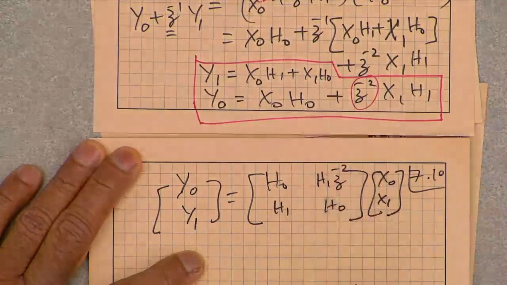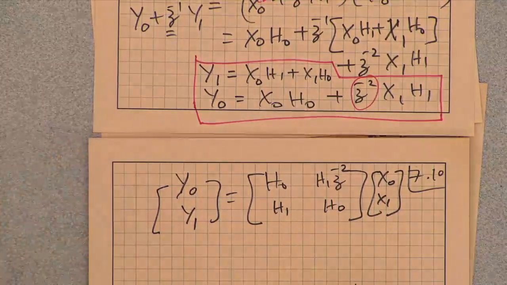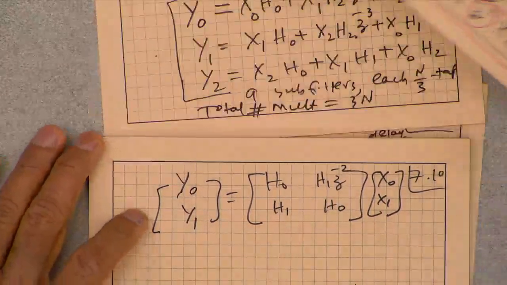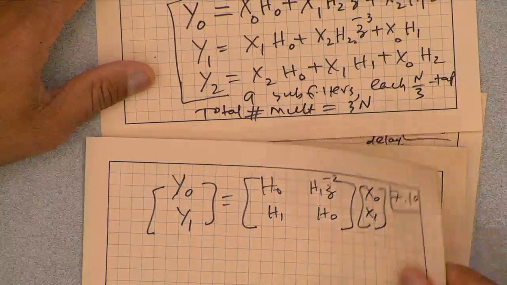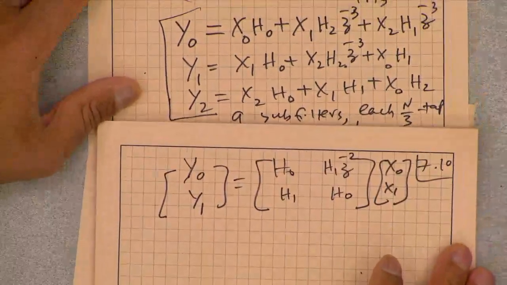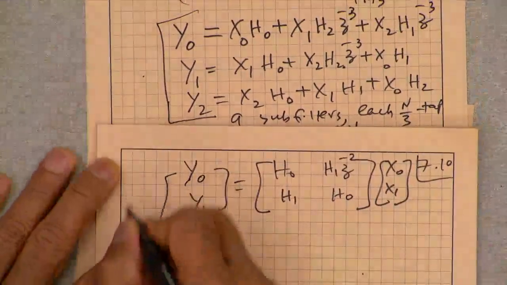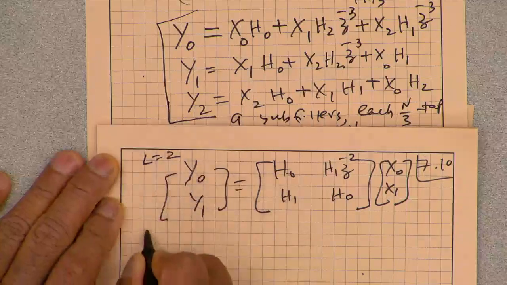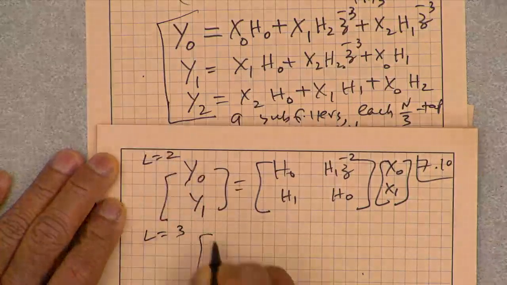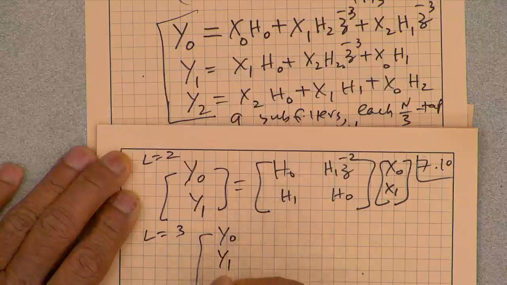So that's for 2 parallel. That's a matrix description of 2 parallel, and similarly if I want to describe the 3 parallel, y0, y1, y2.